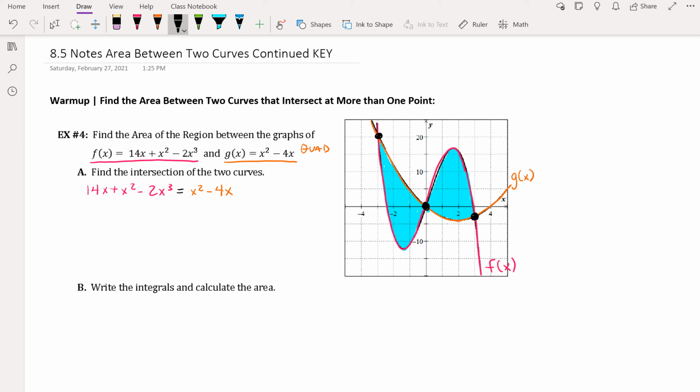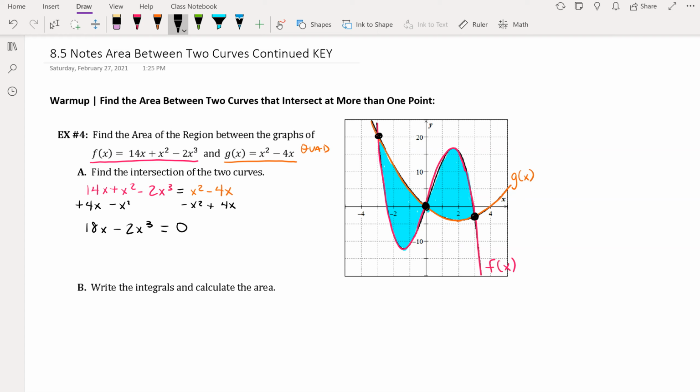So we're going to subtract x squared and add 4x on both sides, and we get 18x minus 2x cubed equals 0. The x squareds cancel.